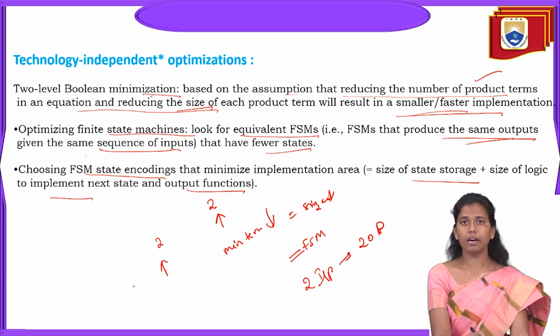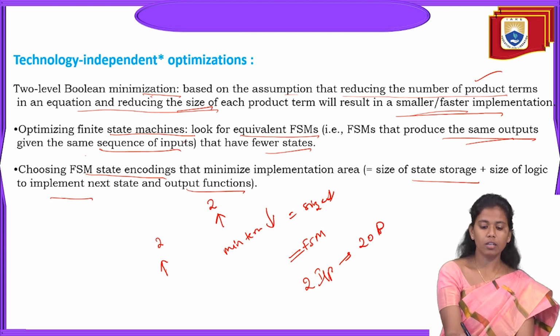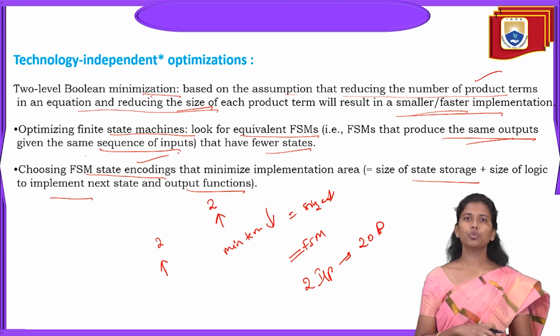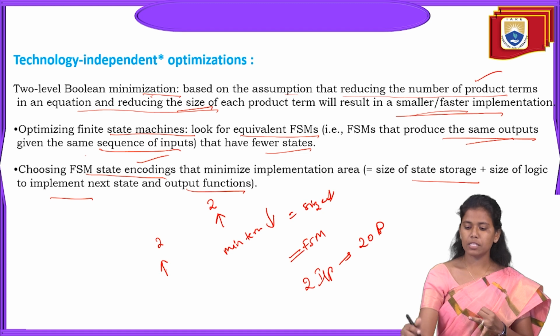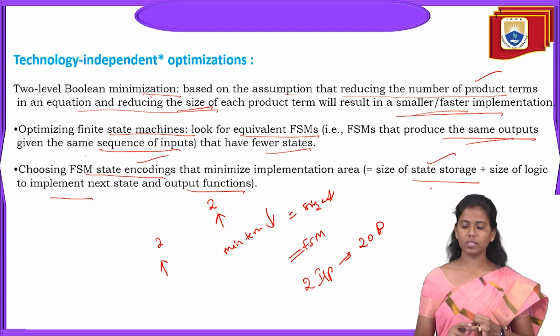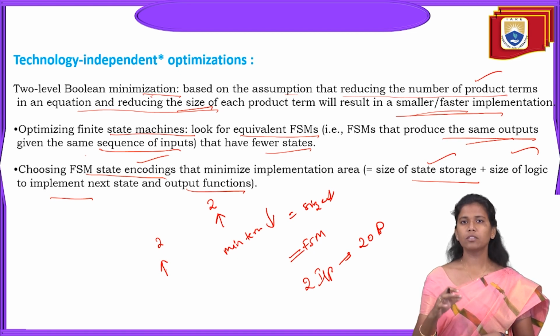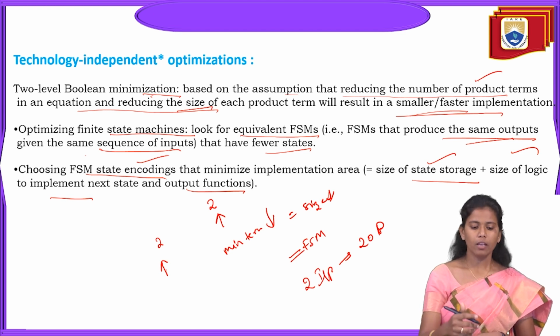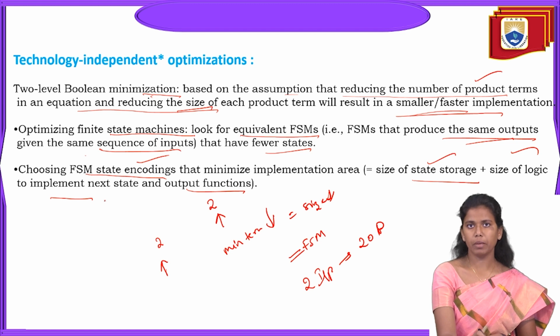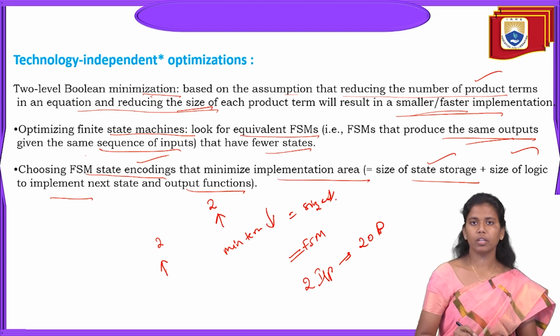So choosing the finite state machine state encodings involves input, output, as well as the size of the storage and the size of the logic implementation, which purely depends upon the output that you are observing.